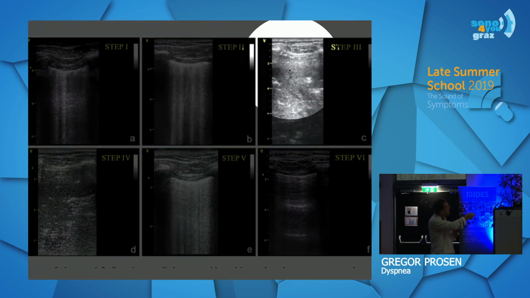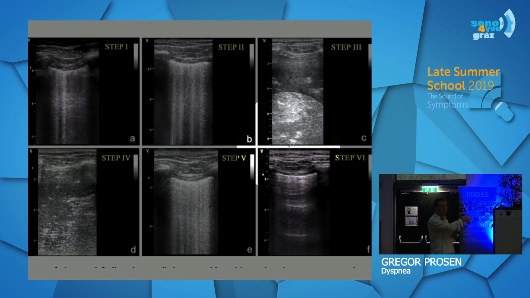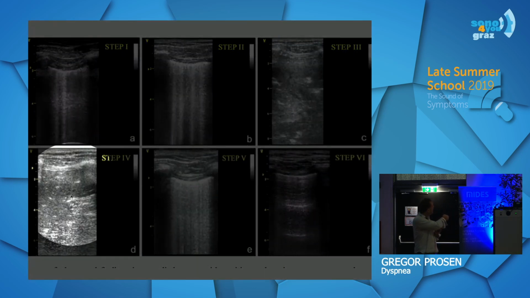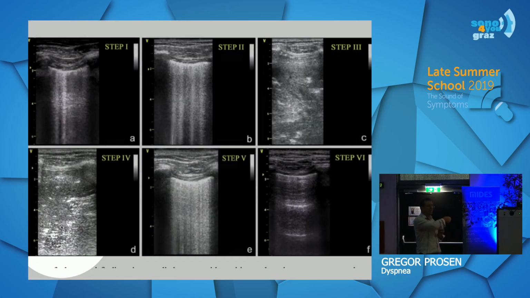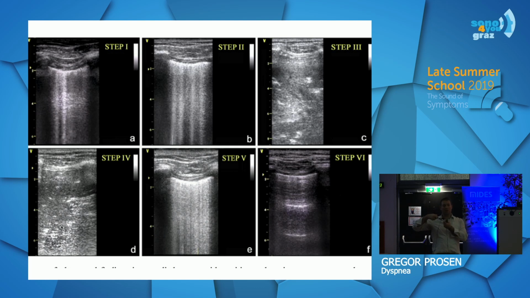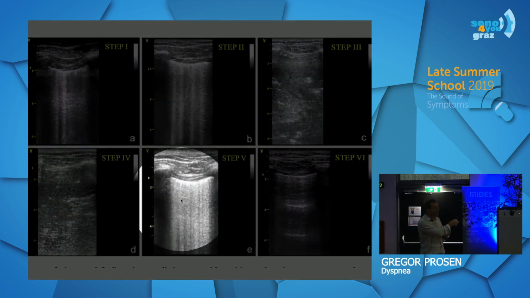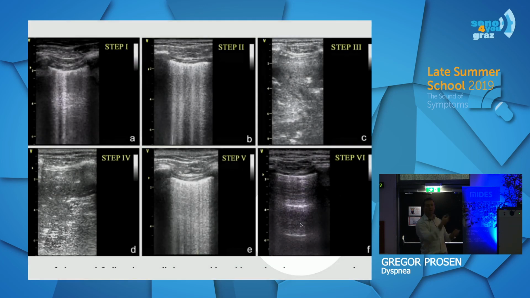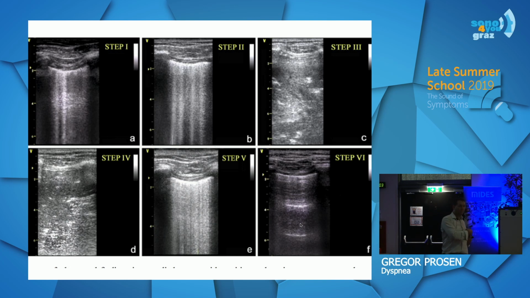Then there was complete submersion with a little bit of air trapped inside, like an air bronchogram. Then they sucked the water out. We see some leftover of wet lungs, and in the end, voila, A lines. Isn't that beautiful? So that was one lung, and then they intubated the other lung and did the same thing again.